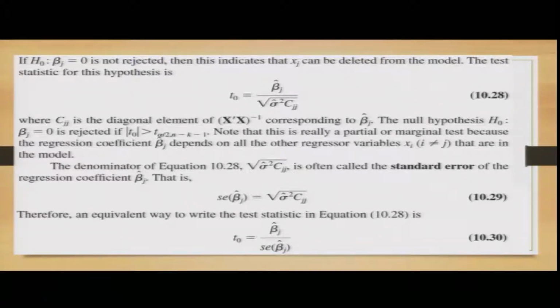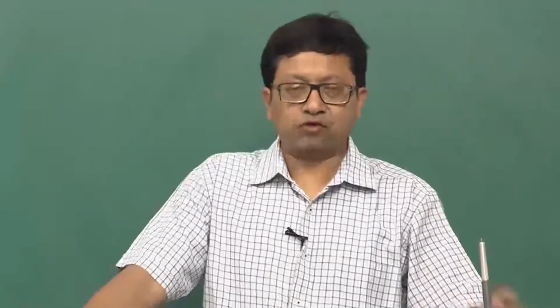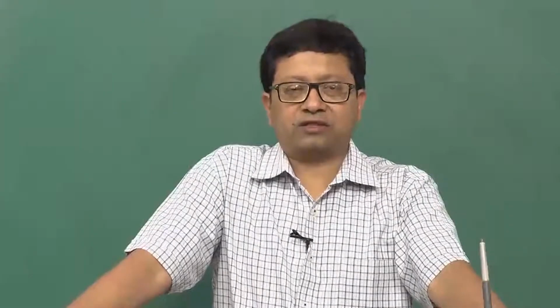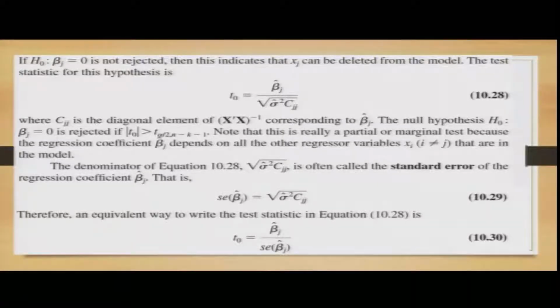Beta hats would be found out such that in the long term the expected value of the beta hats is exactly equal to the beta. So, that is basically the characteristic of unbiasedness. The t statistic under H naught would be beta hat j divided by the square root of sigma square hat c j j. They would be the corresponding elements of the principal diagonal, because it is c j j, it will be the values accordingly.